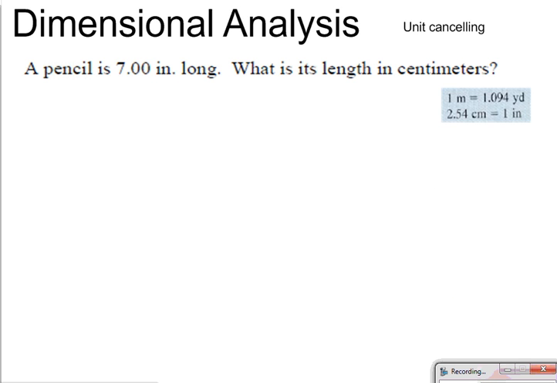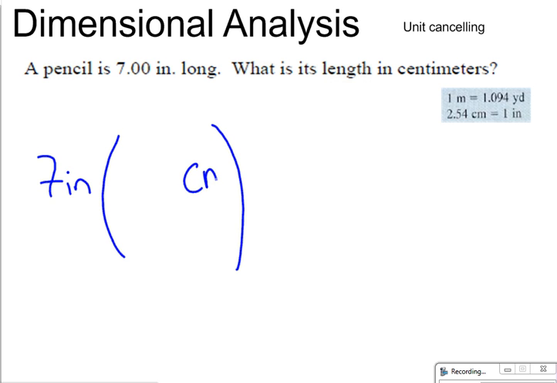So let's say I want to determine the length of a pencil in centimeters if I know it in inches. If I have 7 inches, what is that length in centimeters? Well, I'm going to multiply by the conversion factor to get to centimeters.